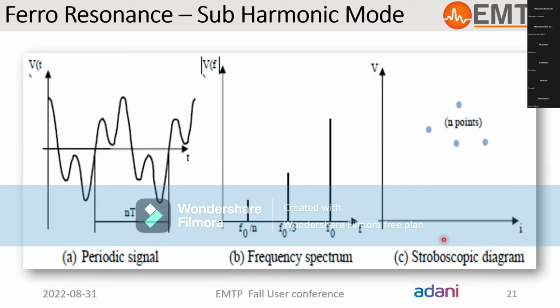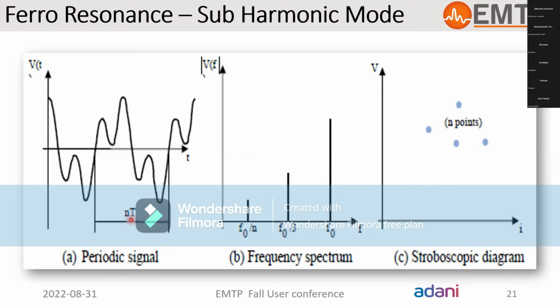Now, the subharmonic type of resonance has a period of nT, which is a multiple of the source period. The fundamental mode of ferroresonance, which we have seen earlier, can be called a period of 1.